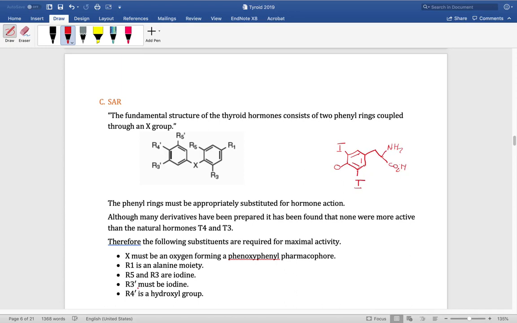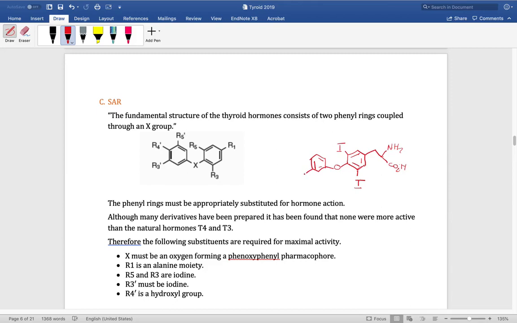Then R3 prime must also be an iodine. So let's draw the second phenyl here. Make sure I put in the pi electrons. We've dealt with R5 and R3. Now we're dealing with R3 prime, which must be an iodine.